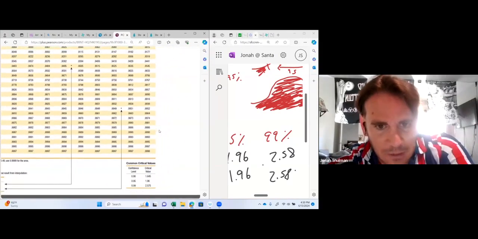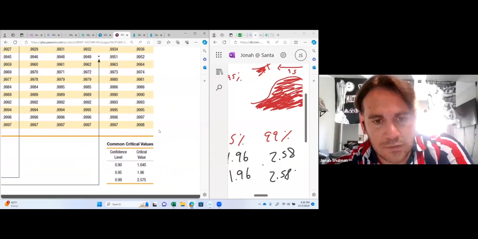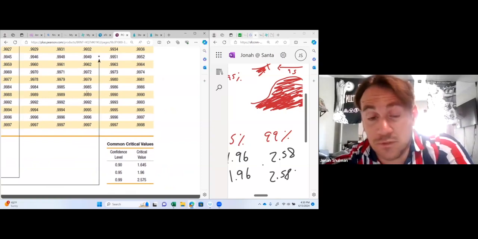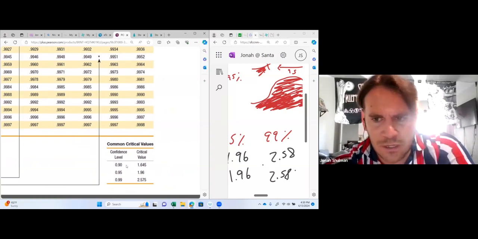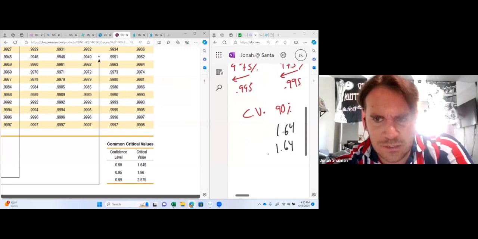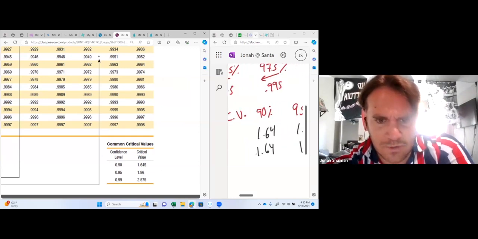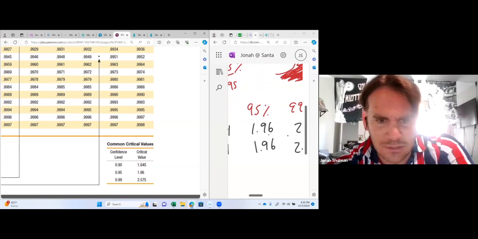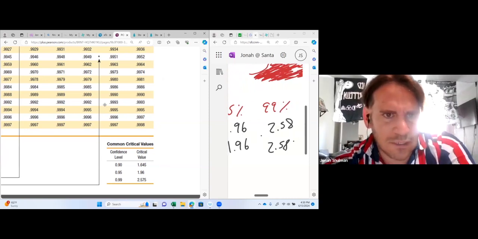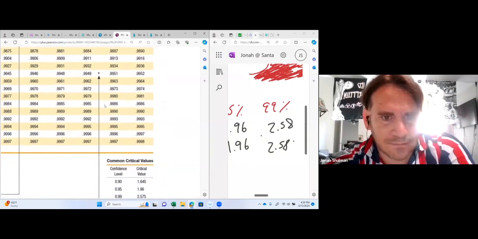Well, they just have them on the bottom. Isn't that nice? So you can look at the table. The table's confusing me for a second because my eyes are hurt. The 90, as you can see, is the 1.645. The 0.95 is the 1.96. And yeah, you can just use it. I was right.